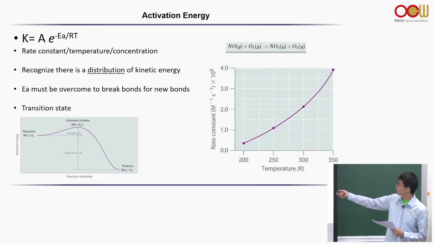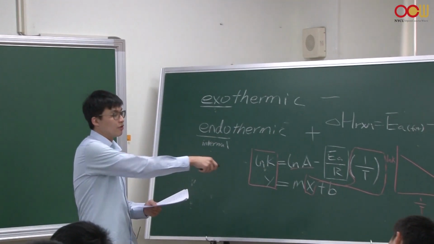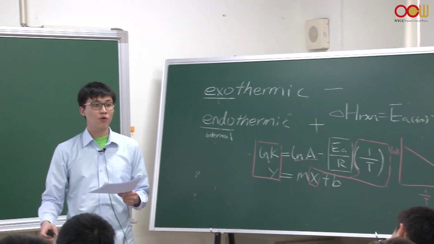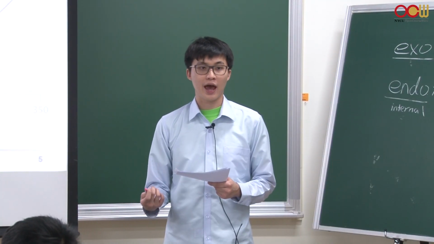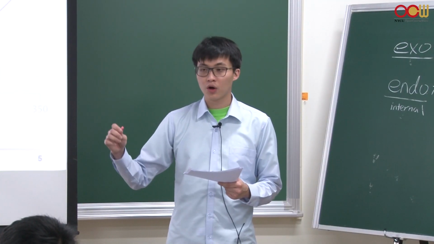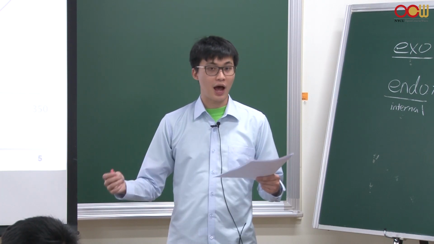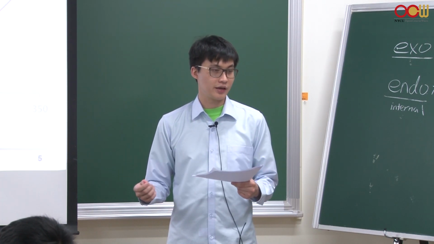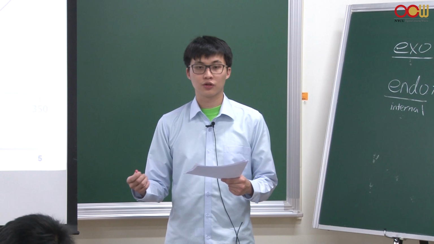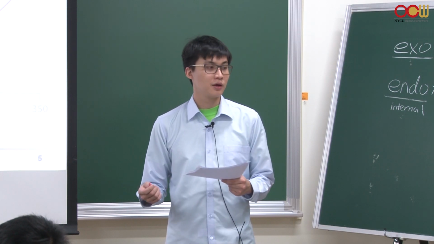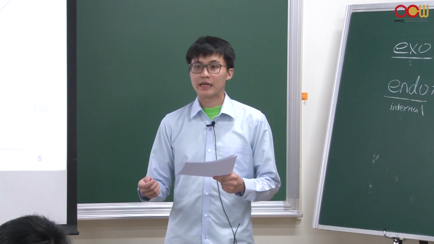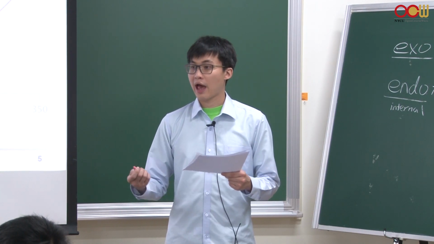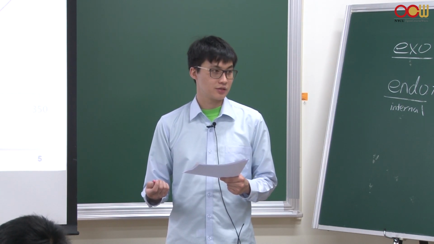And by doing such a plot, you can figure out how efficient this catalyst is, right? A very efficient catalyst can lower your energy barrier by a lot, while a useless, ineffective catalyst could not do so, right? So by running this analysis, you can simply figure out how efficient your catalyst is.